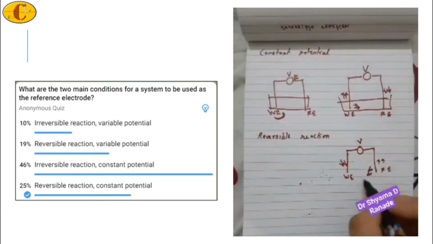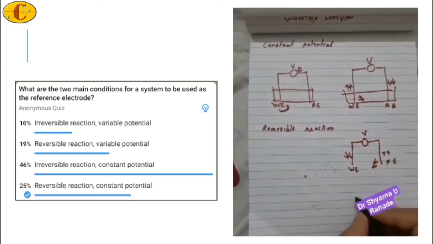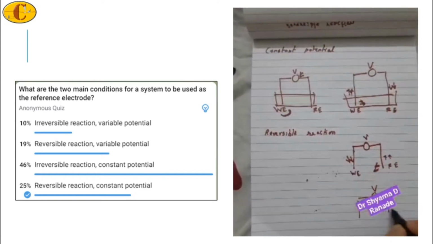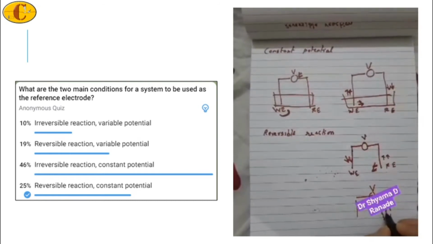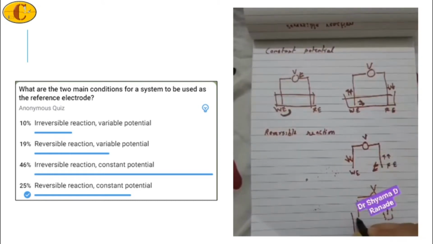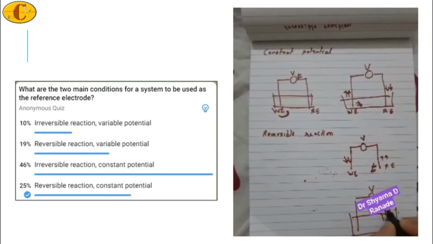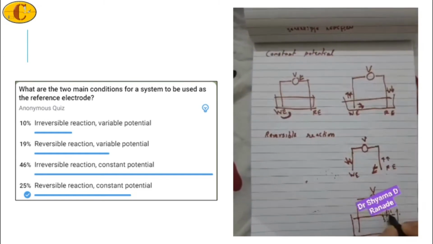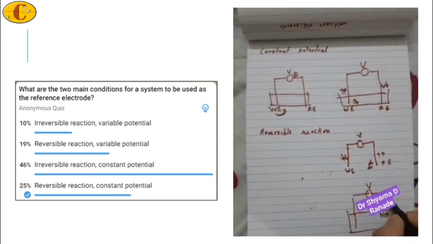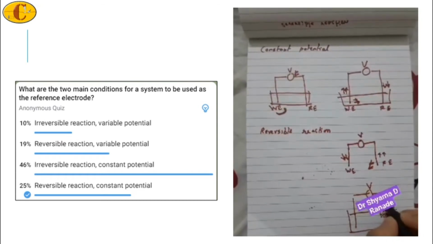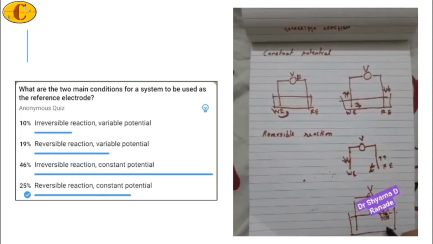Hence, we need the reference electrode to have a reversible reaction, which means that the reference electrode has to have some system and not just be a single line. It has to have some system with a certain electrolyte and some particles inside it, which will ensure that if it rejects electrons, there will be electrons given inside the system itself.